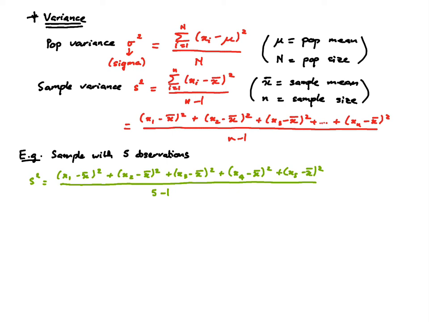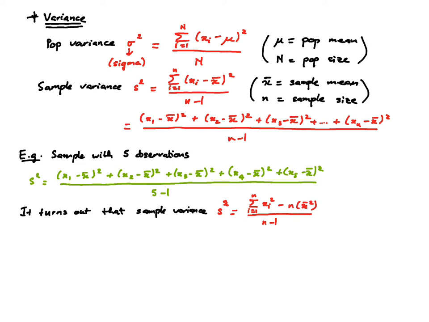It turns out that the sample variance, which is s squared, is also equal to the summation of xi squared for i going from 1 to small n, minus n times the mean square, divided by n minus 1.